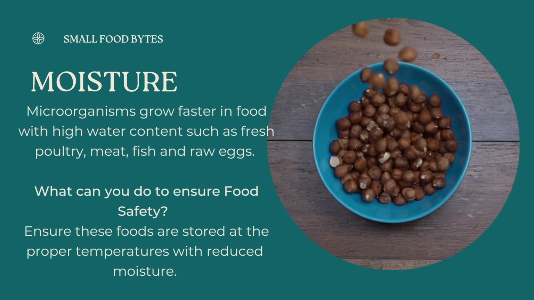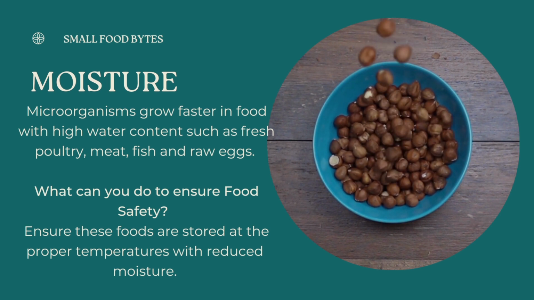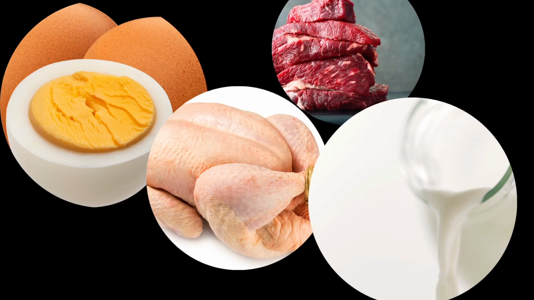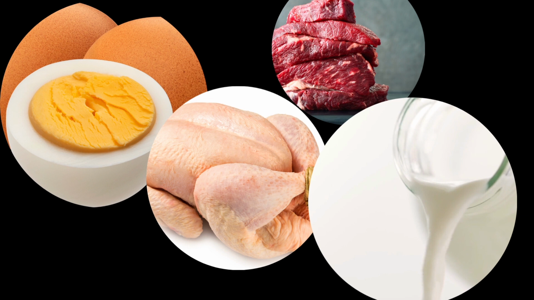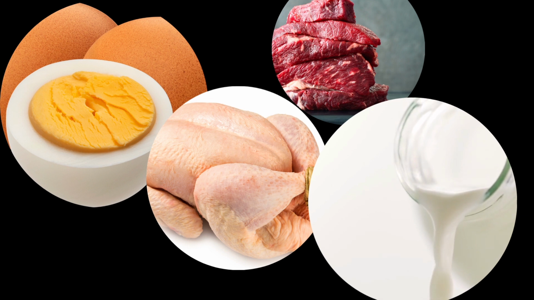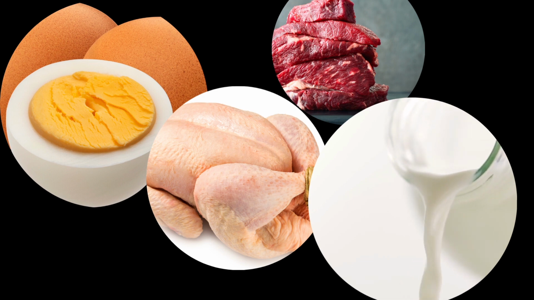So in order to stop them from growing, you have to eliminate the available water to make it not a livable condition for them. So in order to ensure your food safety, you have to store food at the proper temperature with reduced moisture.